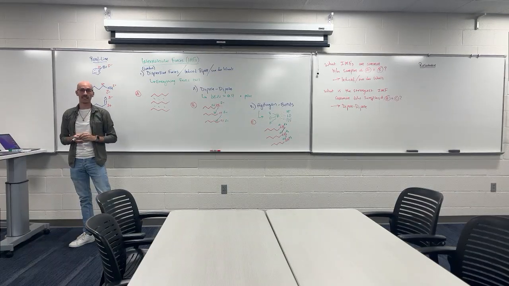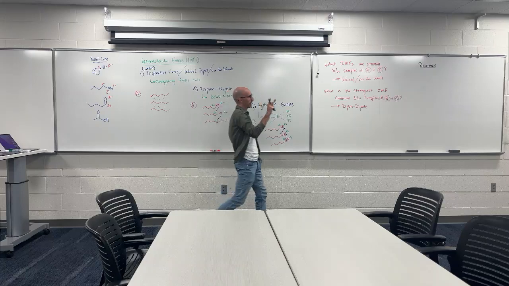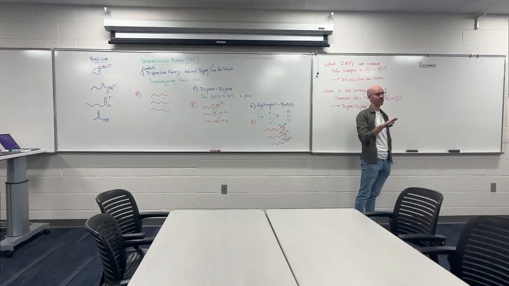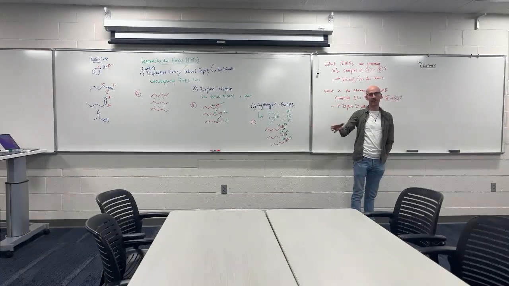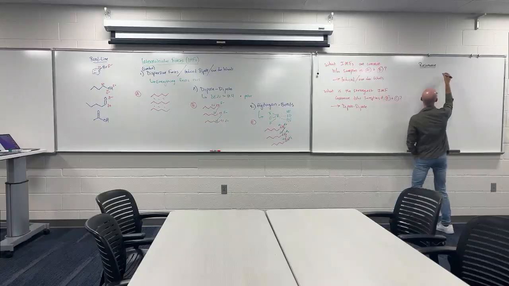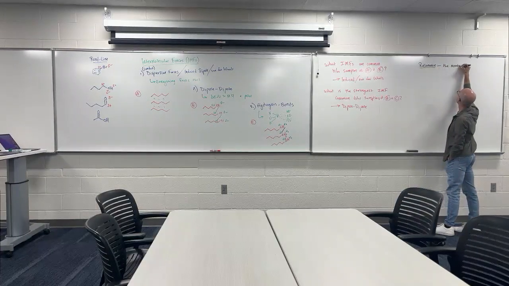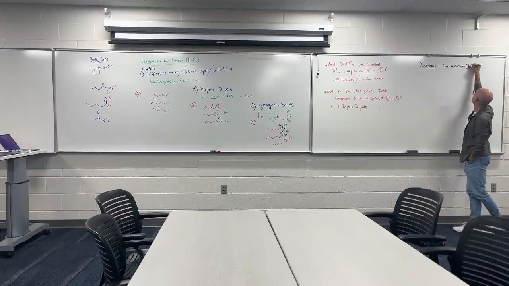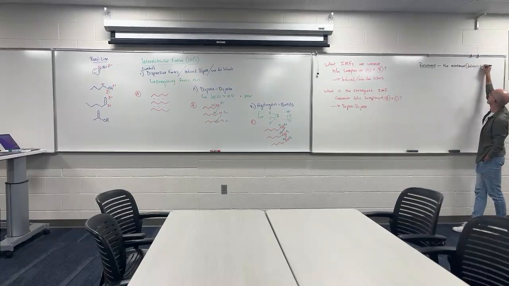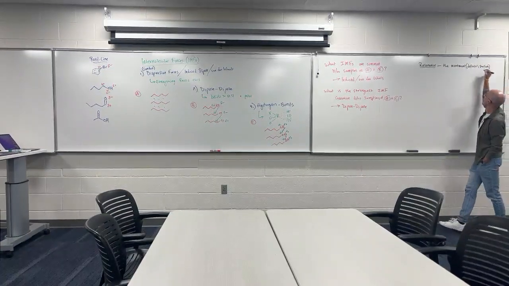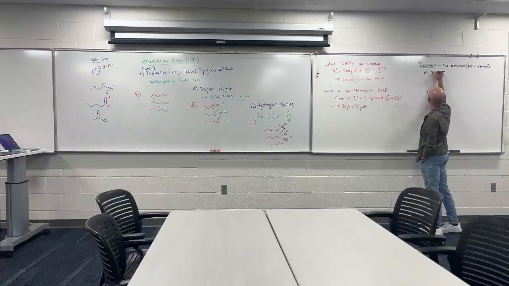So I think of resonance as two things, depending on whether you're looking at valence bond theory or MO theory. Resonance is the movement or the delocalization of pi electrons.